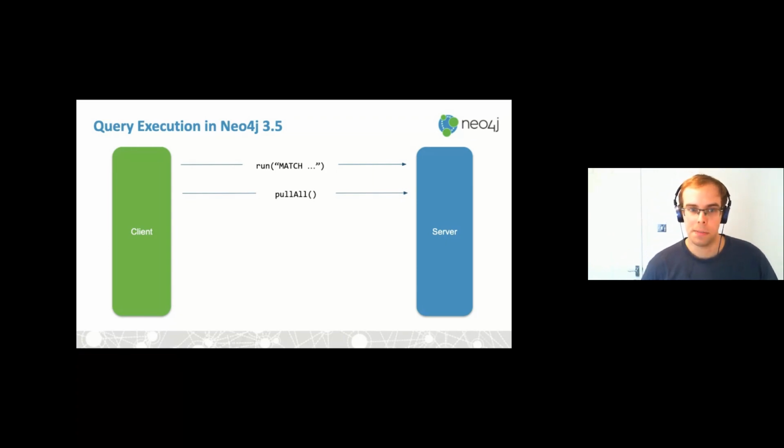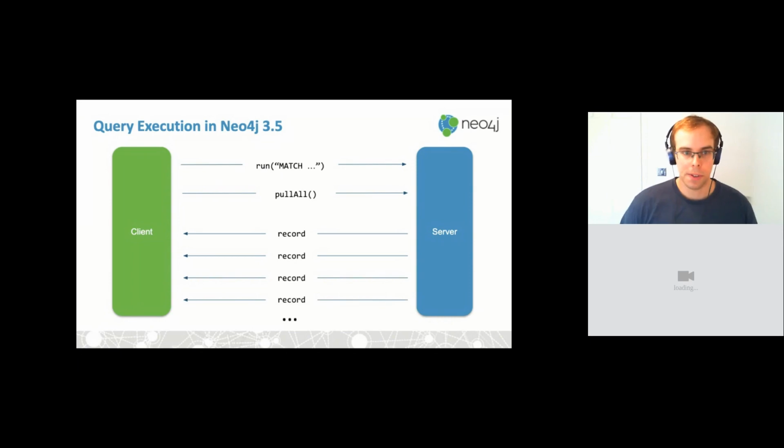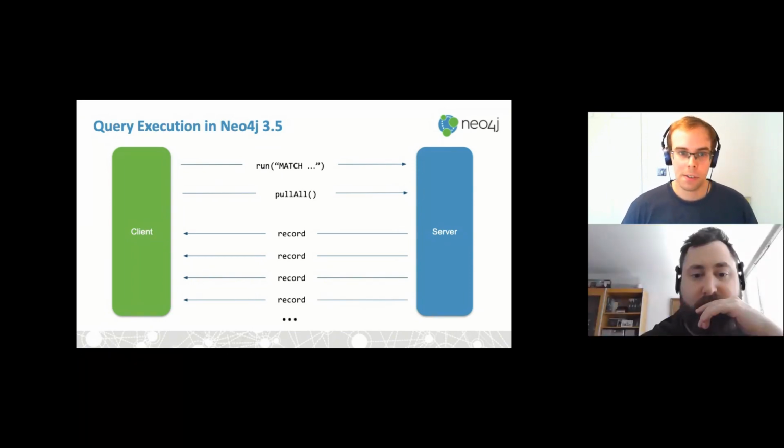So the drivers send a message to the server in the background to request that all the records for that query be returned to the client. The server obliges. We get back record after record until either all the results have been returned, or there's some sort of connection problem and the server can't get through to the client.